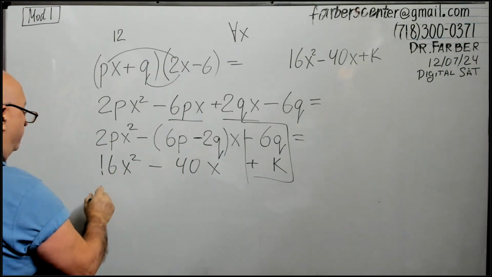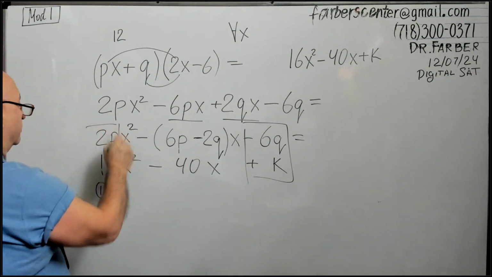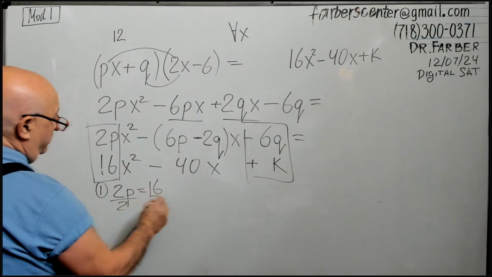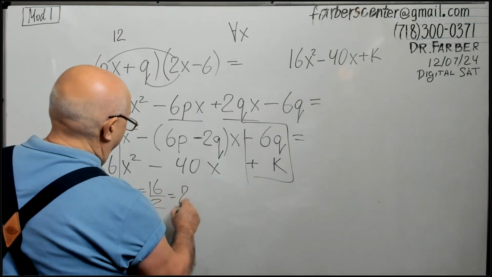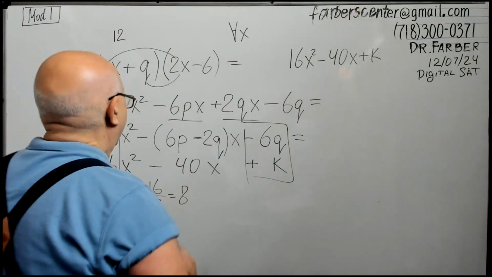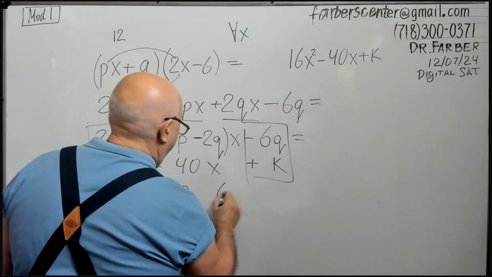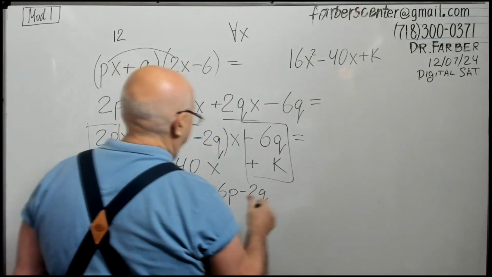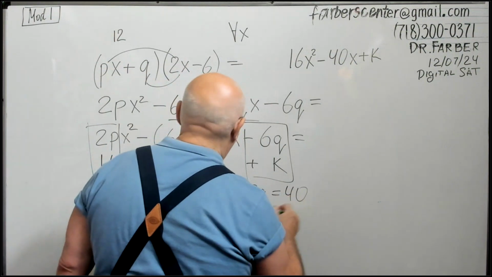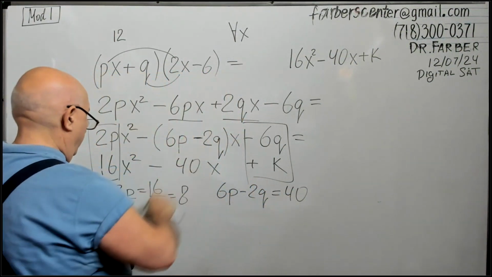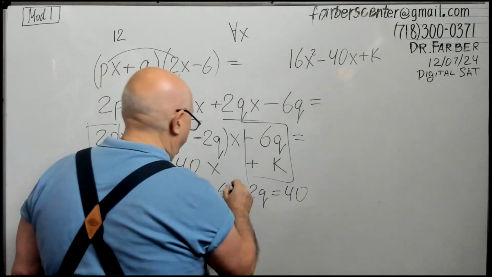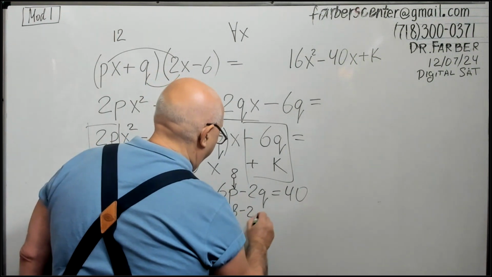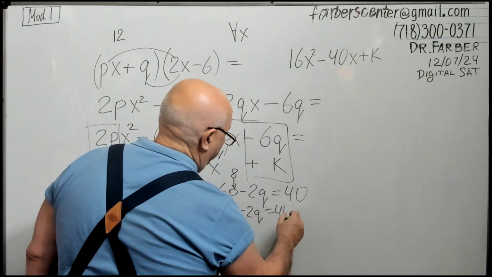So step number one, 2p equals 16. Divide both parts by 2. P equals 8. Now, 6p minus 2q equals 40. These coefficients equal each other. But since p equals 8, plug in 8, and I have 48 minus 2q equals 40.